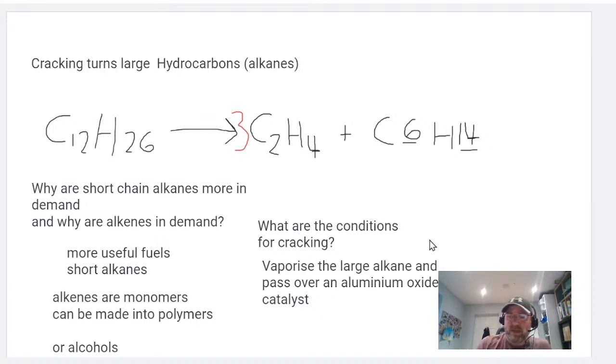You can also use silicon dioxide, or silica, it's known as. So there's like 4 different ways you can write the formula, but basically you turn the dodecane, the C12H26, into a gas, and then you pass it over the catalyst and it will crack, and that is known as catalytic cracking. And then there's also something called steam cracking, where you just heat them to an incredibly high temperature with steam.